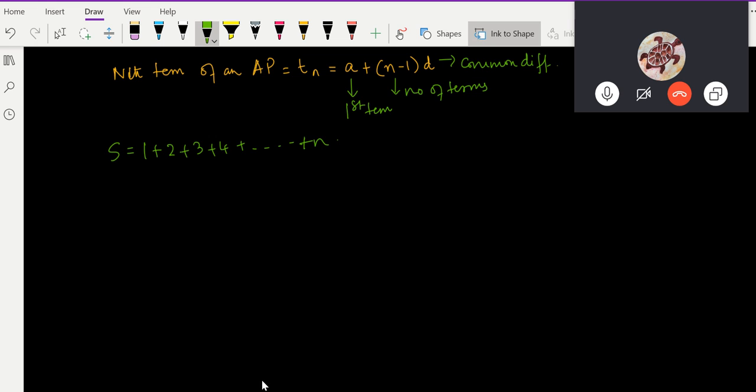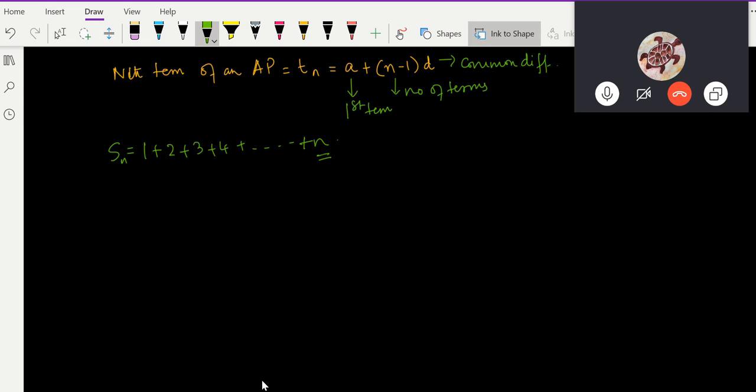I have to find the value of this sum in terms of n.